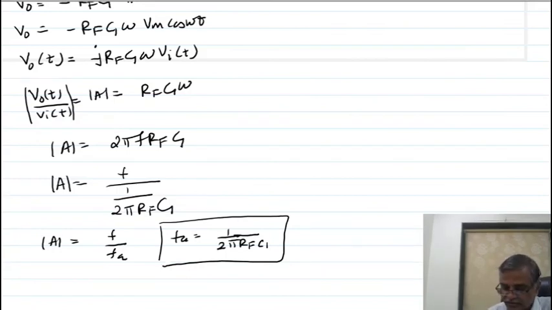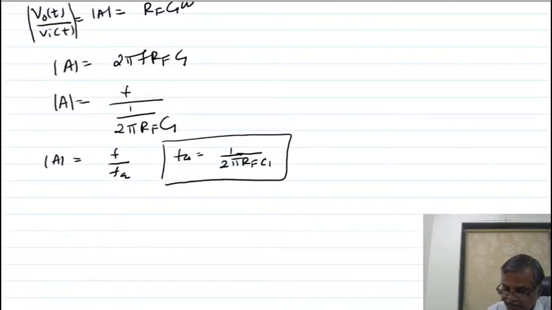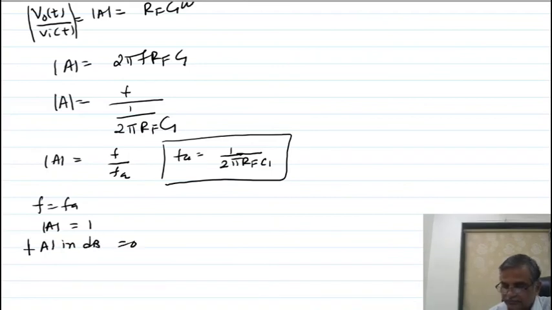Now look here. If I take f equal to Fa, then gain is 1, or you can say gain in dB is 0. If f is equal to 10 Fa, then gain in dB is 20 dB.